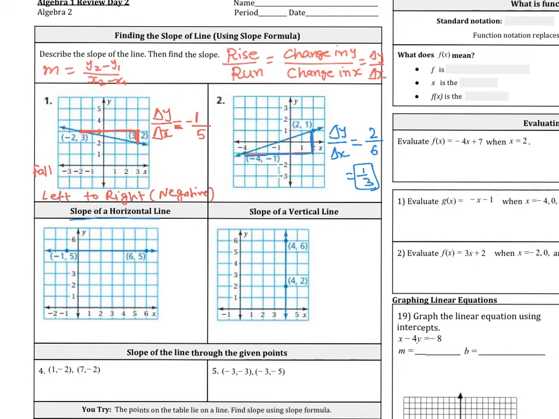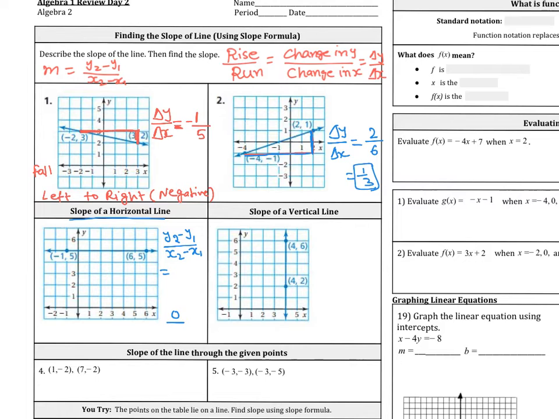Slope of a horizontal line. The slope of a horizontal line is always 0 over something. So let's apply the formula y2 minus y1 over x2 minus x1.